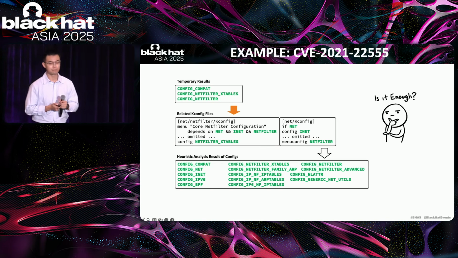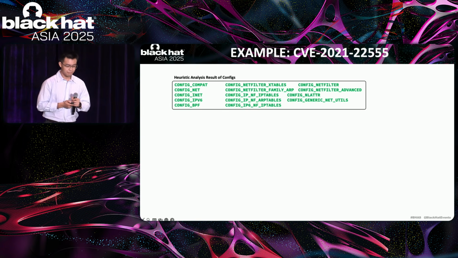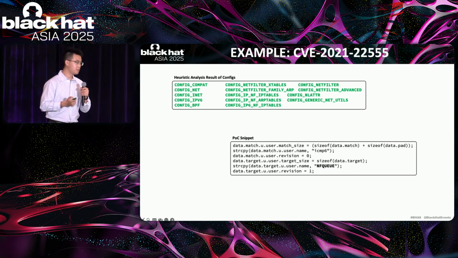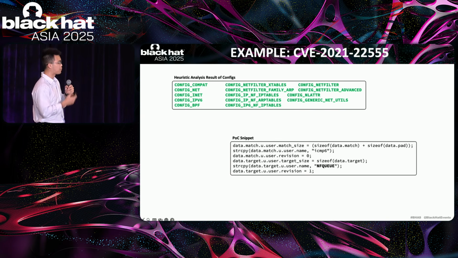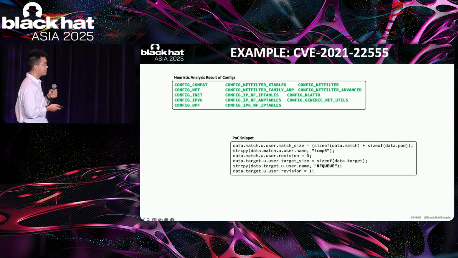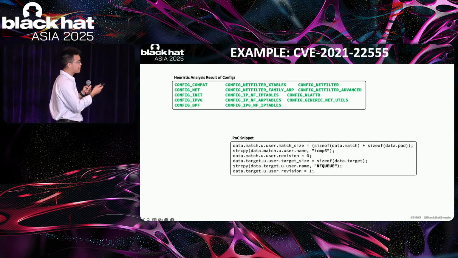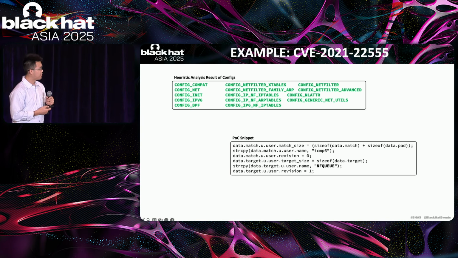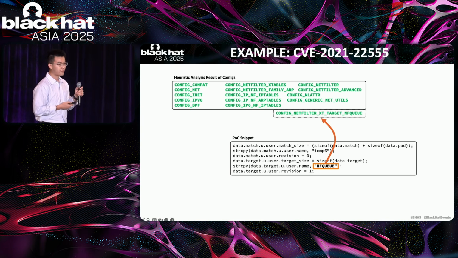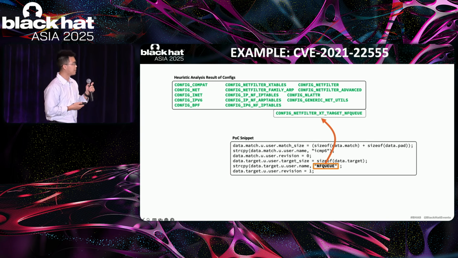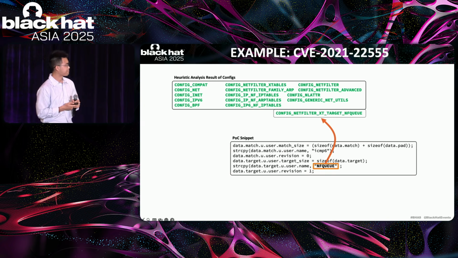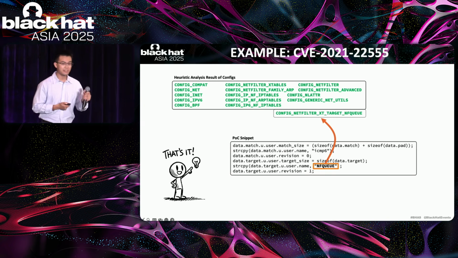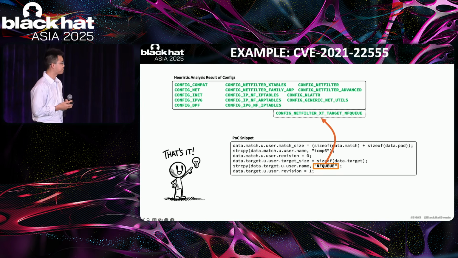The answer is still no. Because if you look at some public proofs of concept, you will see there is a keyword NFQ, right? If you want to enable the NFQ feature for netfilter, you need to enable this config. And finally, at that time, we can reproduce this vulnerability.